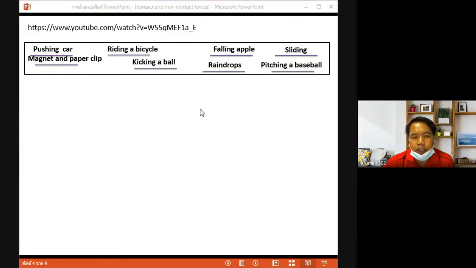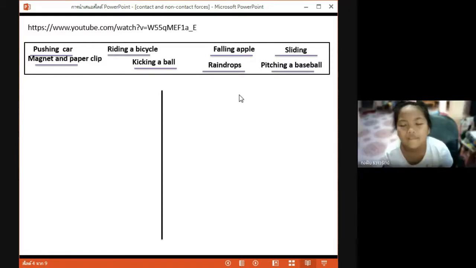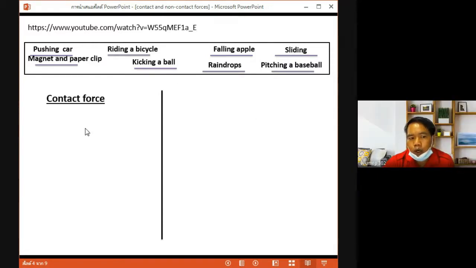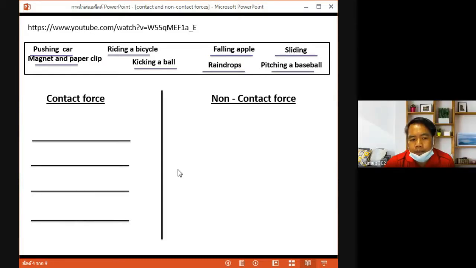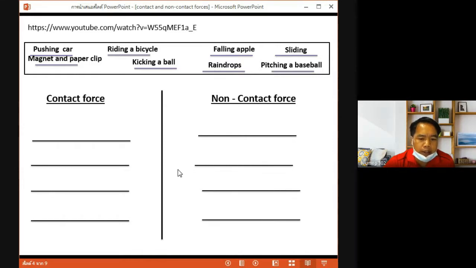Okay, so next I would like you to identify the non-contact and contact. So you are going to say what are the contact forces and what are the non-contact forces. Understand? Yes. Okay, so we have here a line where you are going to write.